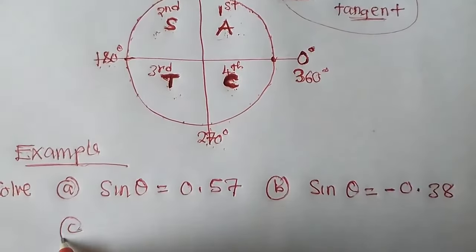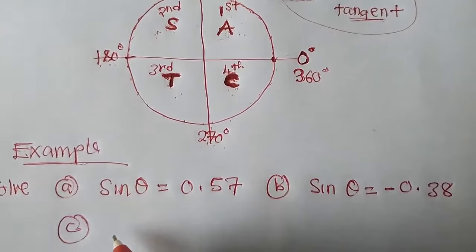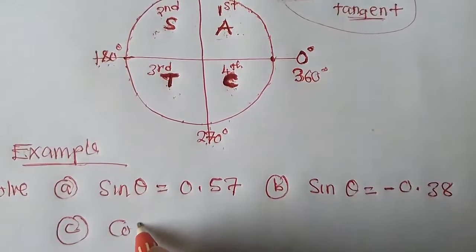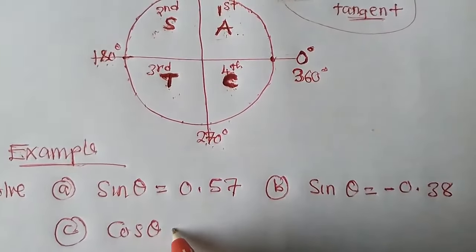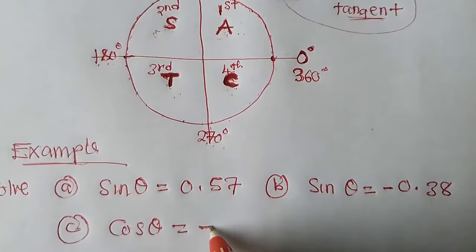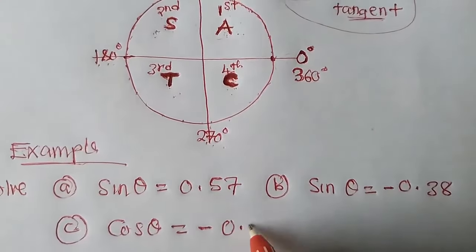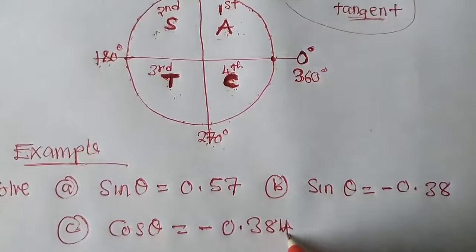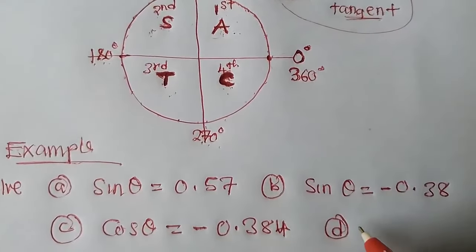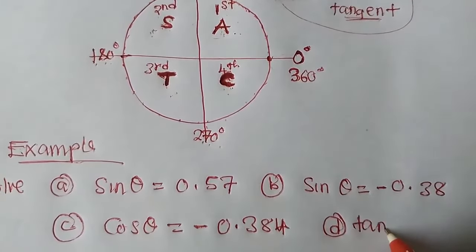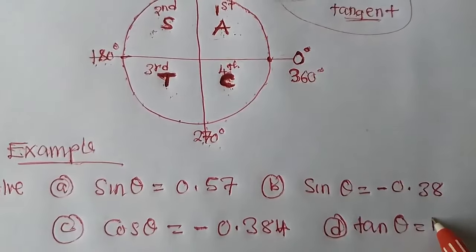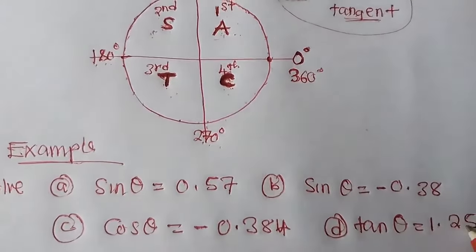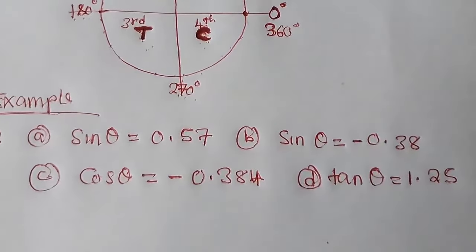C is cos theta is equal to negative 0.3814. D is tan theta, which is equal to 1.25. So these are the equations that I'm going to find solutions for.